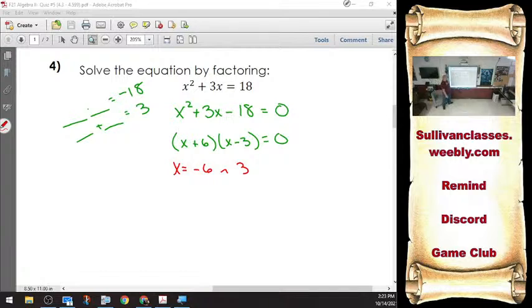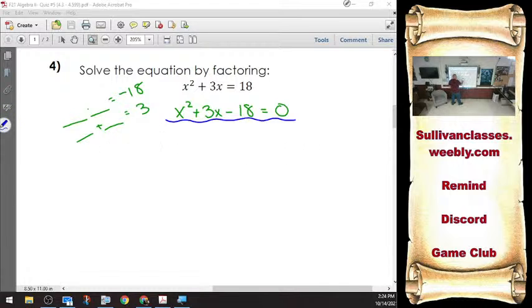Oh, another one that I'll see kids do wrong, really, really common, is they'll get here, and then they're thinking in their head, what factors of negative 18 add up to 3? Oh, it's 6 and negative 3. So they won't write any of this. They'll just say x is 6 and negative 3.